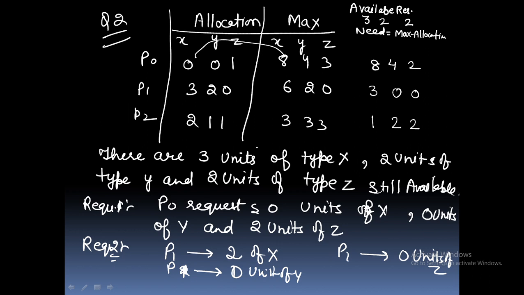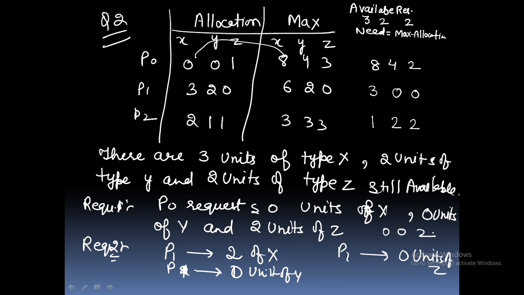Now check request 1. Request 1 says they request 0 units of X, 0 units of Y, and 2 units of Z. That means 0, 0, 2. Need of P0 is 0, 0, 2, and we have available 3, 2, 2. Can you satisfy request 1? Yes.